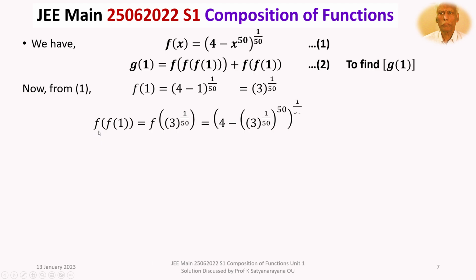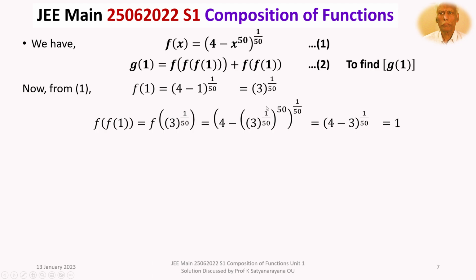Now we find f of f of 1, that is f of 3 power 1 by 50, and go to equation 1, and wherever there is x, substitute 3 power 1 by 50. Then you will get 4 minus 3 power 1 by 50 whole power 50.